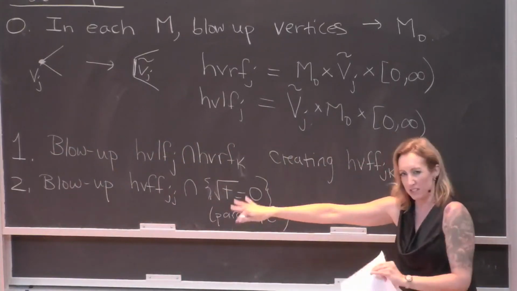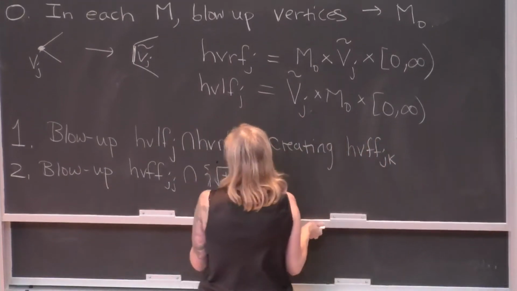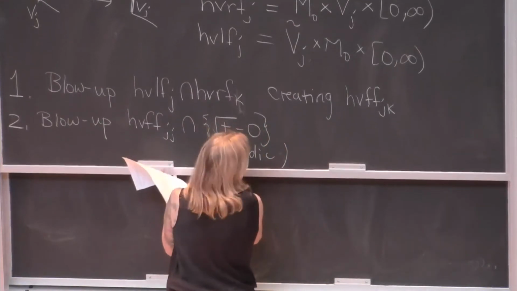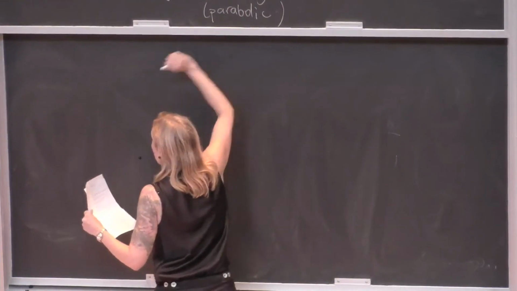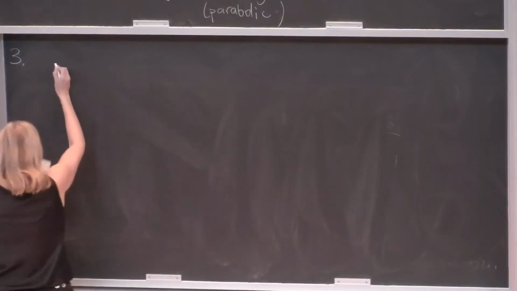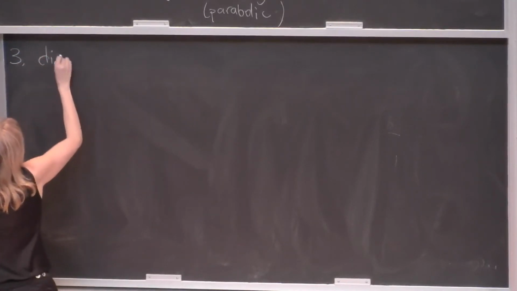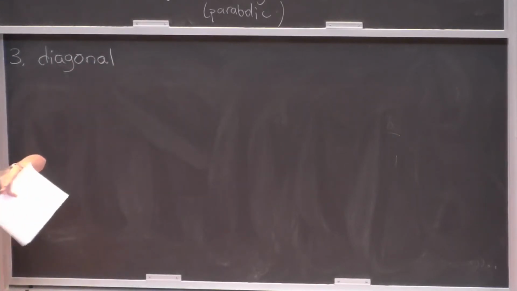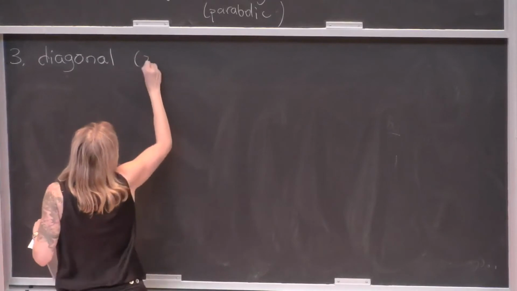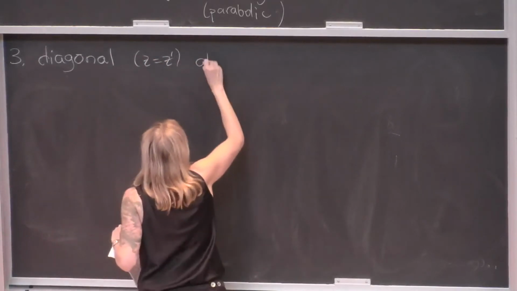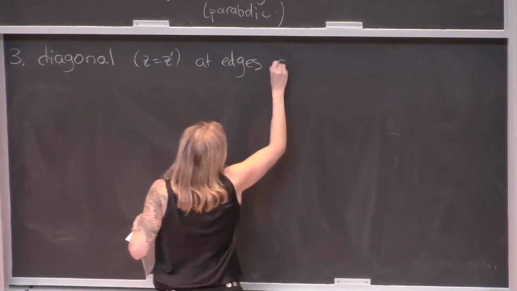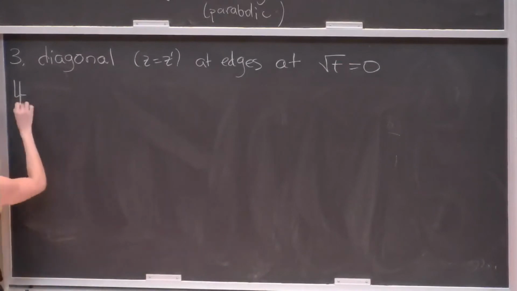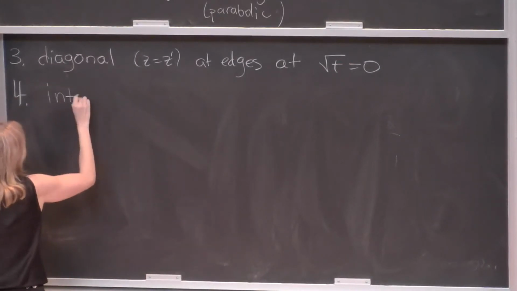If this weirds you out, then just ignore it, okay? Just think of it as a usual blow up. And the next thing is the diagonal at the edges at t equals 0, meaning the two space variables are the same, like z is z prime, at edges at t equals 0. Again, it's a parabolic one. And then finally, the interior diagonal.